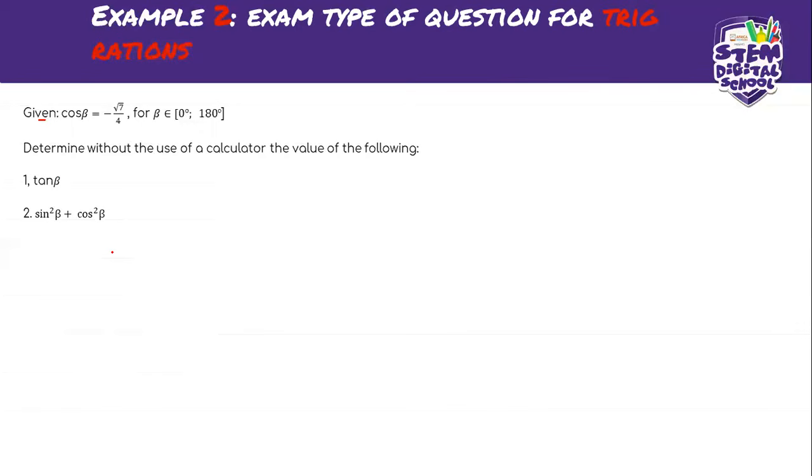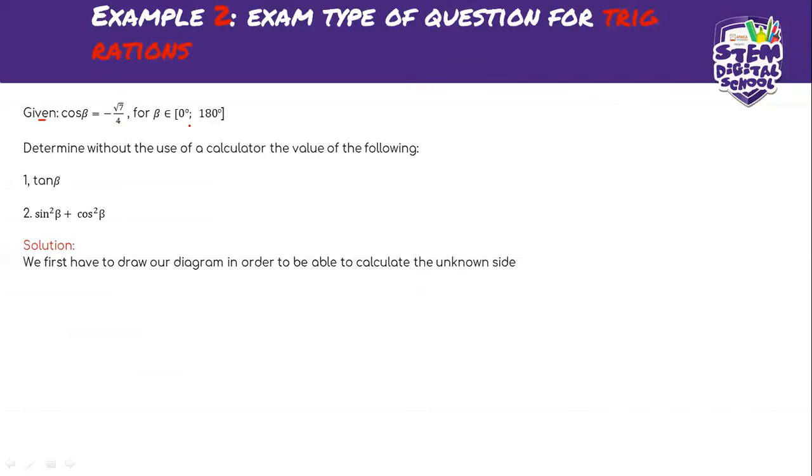We need to know in which quadrant our terminal arm lies. So we are going to utilize the information we have, and even the restriction, so that we know which quadrant our terminal arm is in, right? Now, let's see the solution.